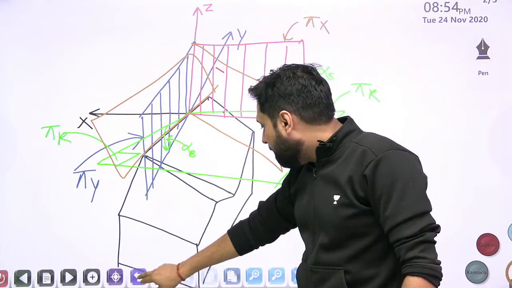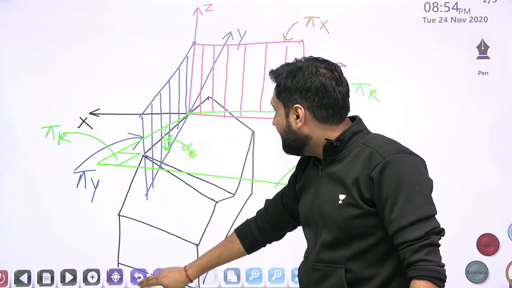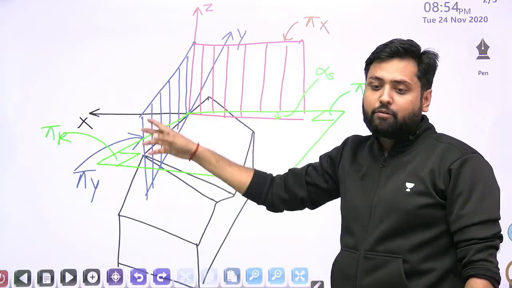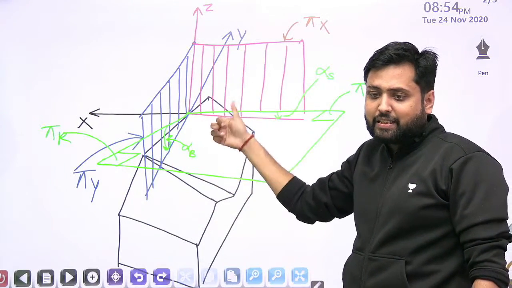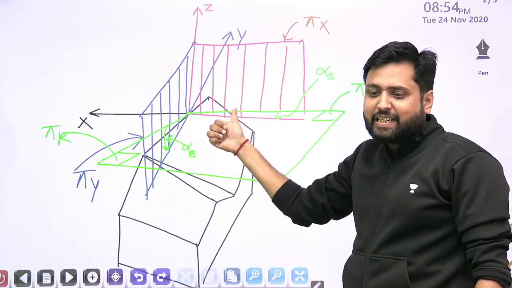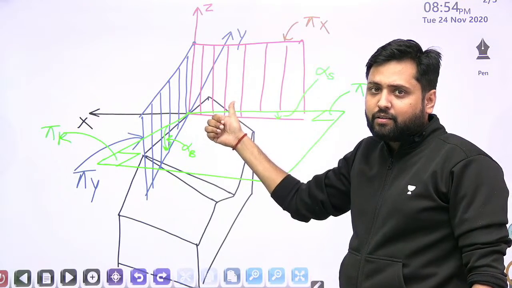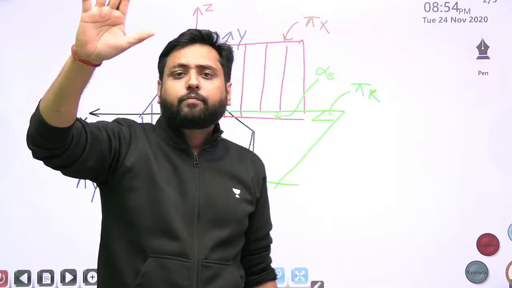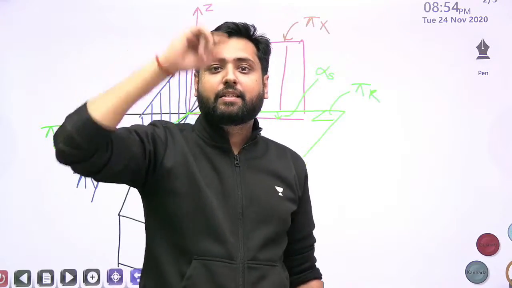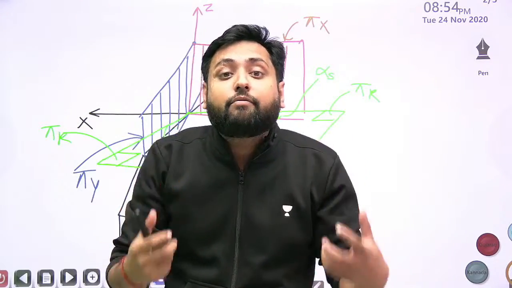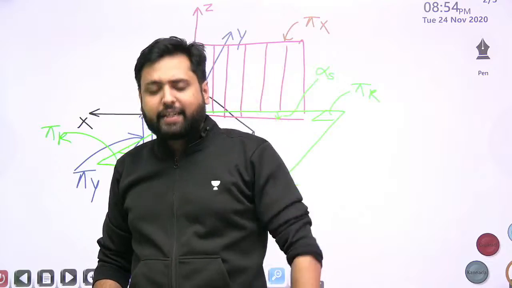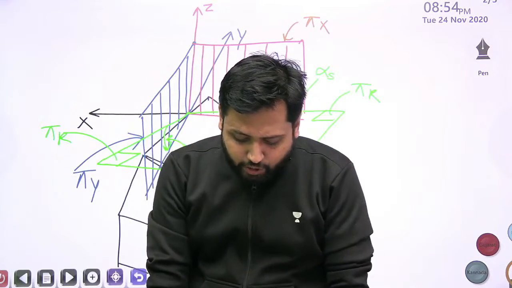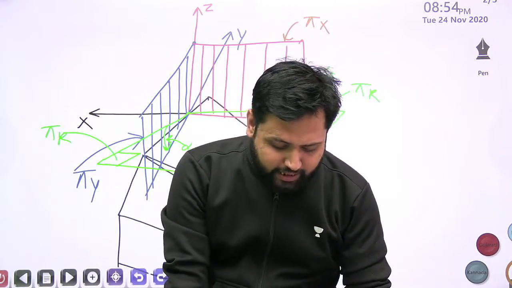But here none of the planes are exactly along the cutting edge nor perpendicular to it. So these angles which we are measuring in those planes cannot be used for force analysis. So for the purpose of force analysis, we introduced the ORS tool signature.